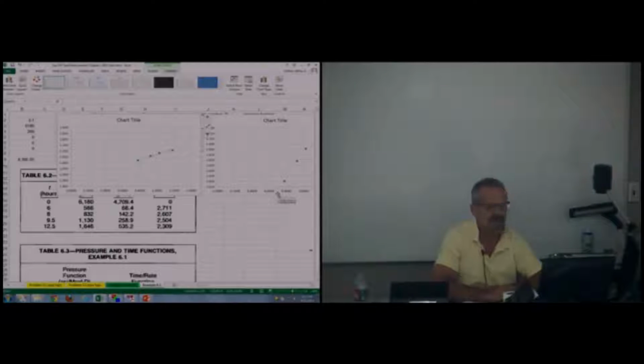Then all I did to get from there to here, to make it look more like the textbook, is I didn't use the default min and max for the y-axis. I used the exact min and max that the textbook used.